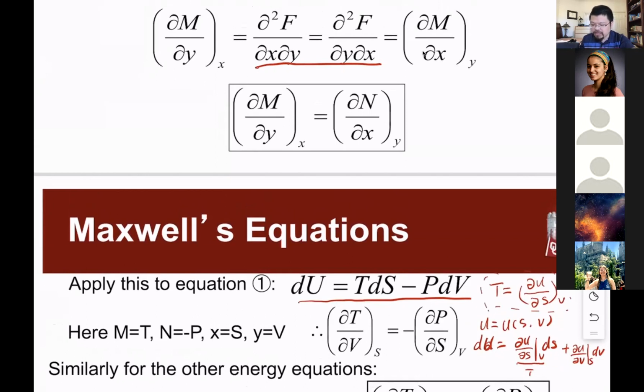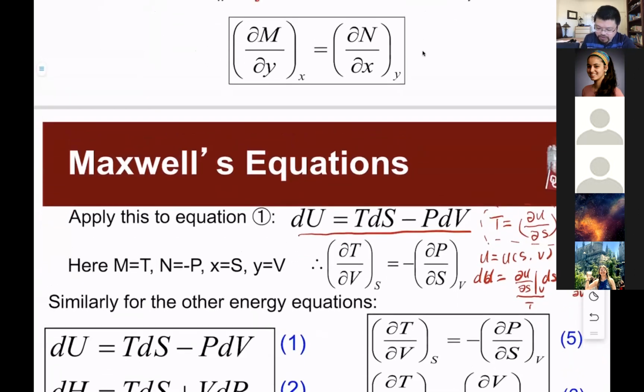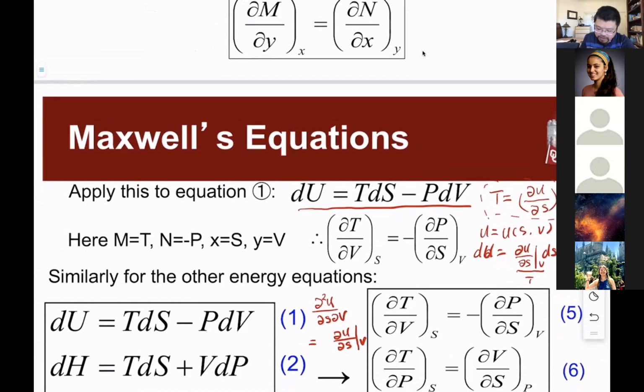So now after that, you are going to take the second order derivative. So you are going to take the other order of derivative. Now we finished with this entropy term, but now we are looking at this volume term. So that would be the same as ∂U/∂S. Here, of course, we need to remind ourselves that the volume is fixed.